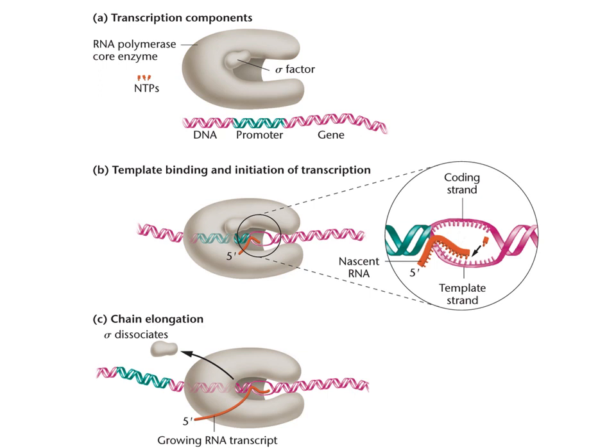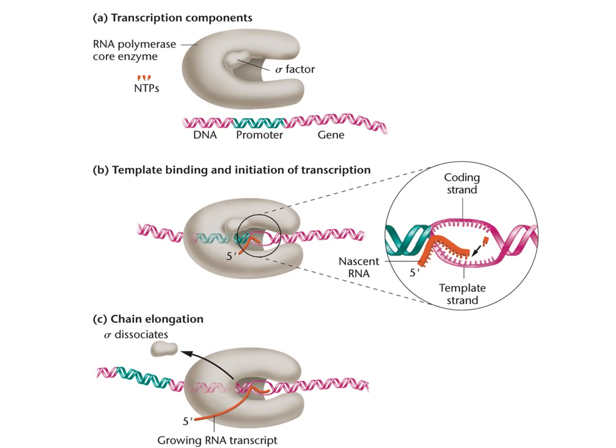You'll notice that there are two strands here labeled. One is the coding strand, the other is the template. So the template is the thing that is used as a template for transcription, and that means my RNA strand is going to be pretty much identical to the coding strand, with the exception of one having uracil, the other having thymine, right?